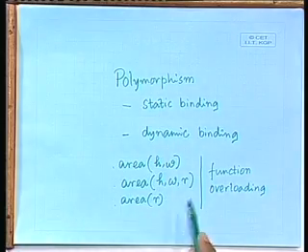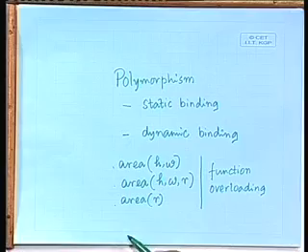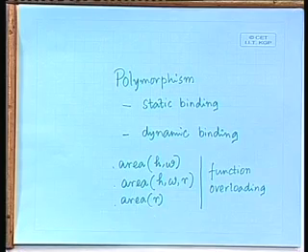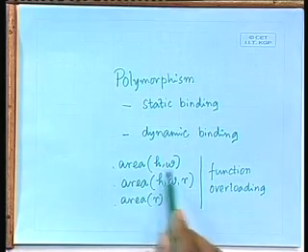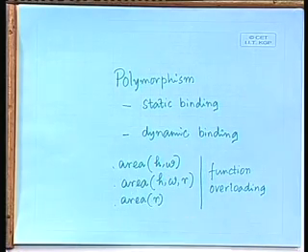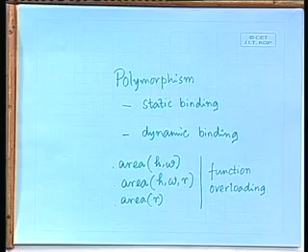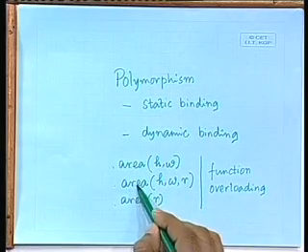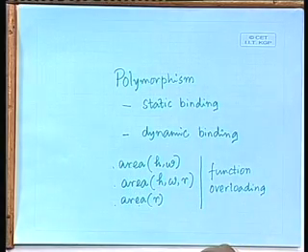Although they are all called area, they are not the same functions in that sense. There are three different functions. While in your class definition, the area operation is defined 3 times. Depending on how many parameters you are sending, either this or this or this will be used.